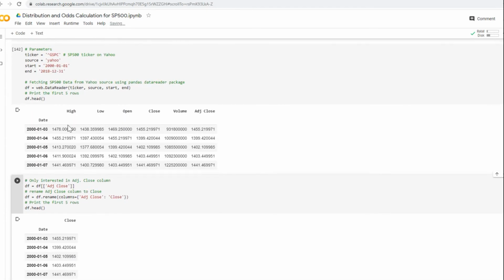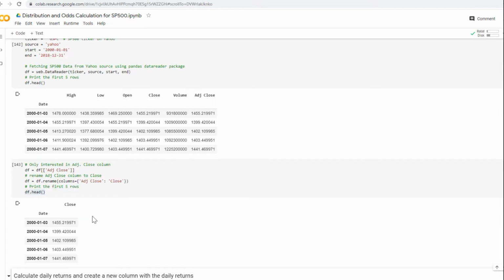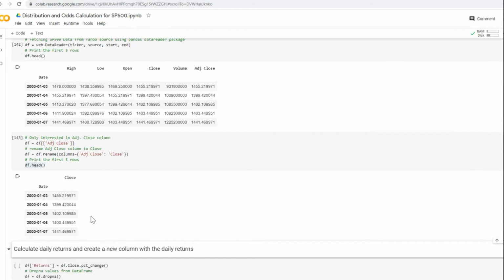Now you can see different columns for high, low, open, close, volume, and adjusted close. We are interested only in adjusted close. So we select the adjusted close column like this, and we also want to rename it and call it close, and again we just display the first 5 rows to see if it has been done correctly.